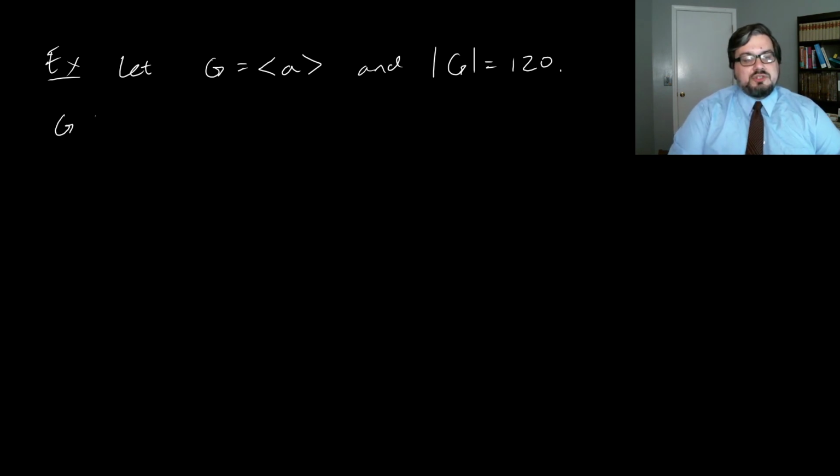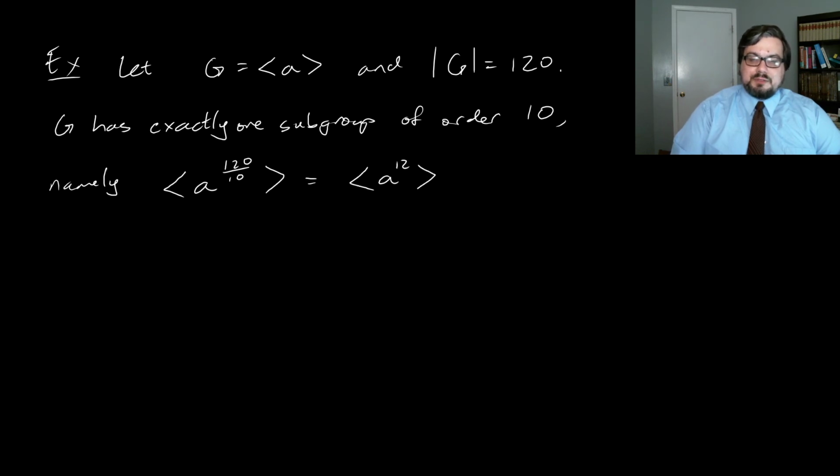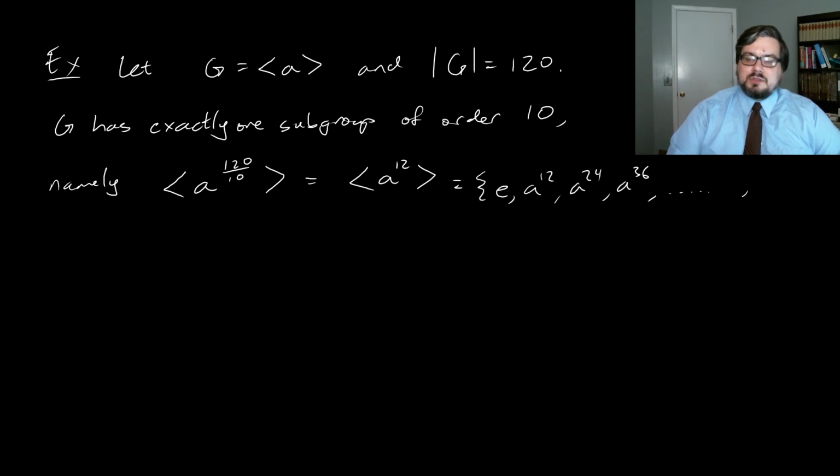So we know that G has exactly one subgroup of order, let's say, 10, namely A to the 120 over 10, which is of course A to the 12th. And we can write out what these elements are. We get the identity, A to the 12th, A to the 24th, A to the 36th, and so forth, up to A to the 108th.